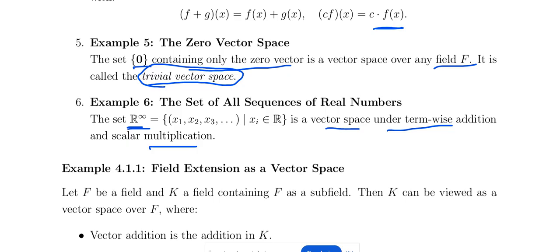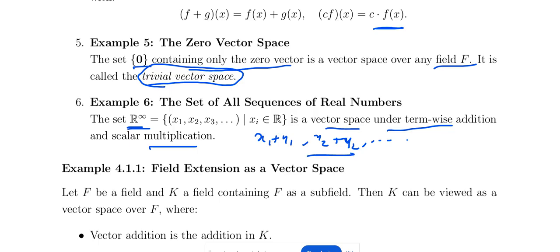So term-wise addition means, taking the set of all sequences over the real numbers, the corresponding terms are added. If you take another sequence, the corresponding terms are added: x1 plus y1, x2 plus y2, x3 plus y3 and so on.